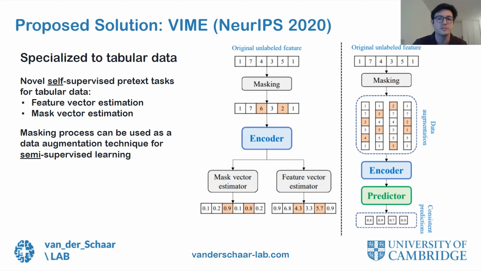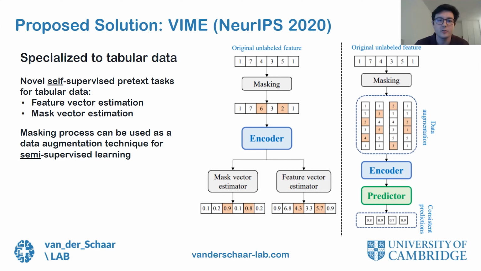So the first method I'm going to discuss today is a method called VIME, developed in the lab about a year or so ago by Jin-Sun Yoon and collaborators, that introduces a novel self-supervised approach for tabular data. So I'm going to briefly explain how VIME learns from unlabeled data. And to do so, I want you to consider the left-hand side of the figure shown on the slide. So we first take an unlabeled data point and then corrupt this sample by masking some of the entries at random and replacing them with other values drawn from the marginal distributions of those features.